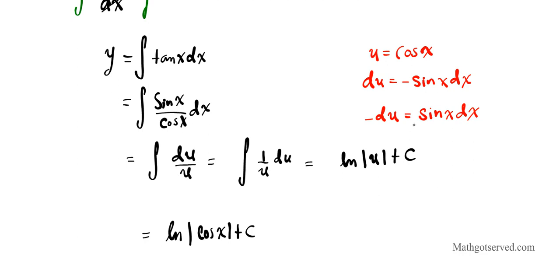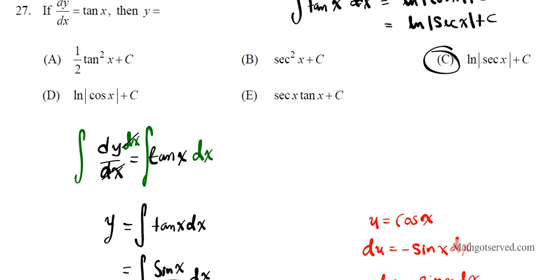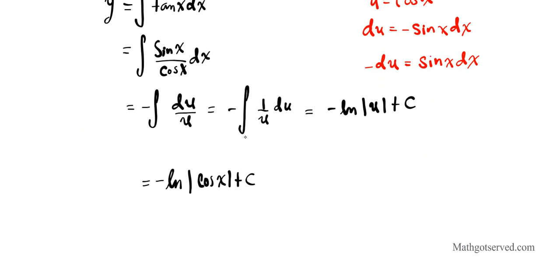Negative du, I'm supposed to have a negative here in my substitution. Sorry about that. So there's a negative du, so that negative carries over here. Okay, good. I thought I was looking at d, I was like, oh man. Anyway, so there's no minus here, so the answer is not d. This is just a distraction, just in case you made a mistake, I just made a mistake forgetting that minus there.